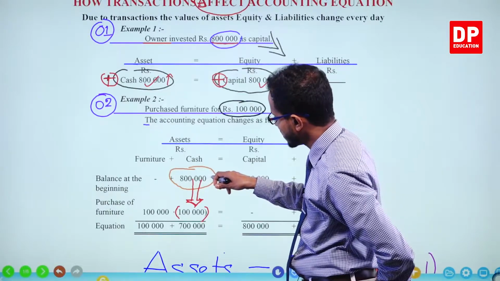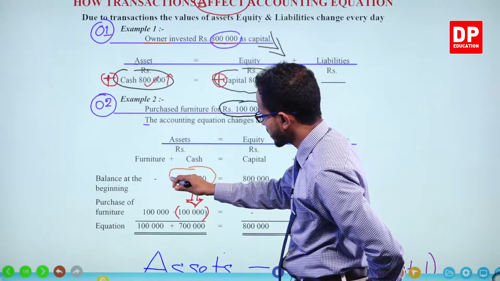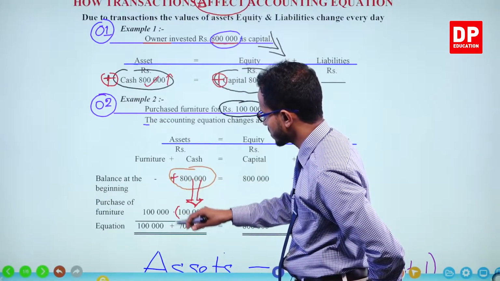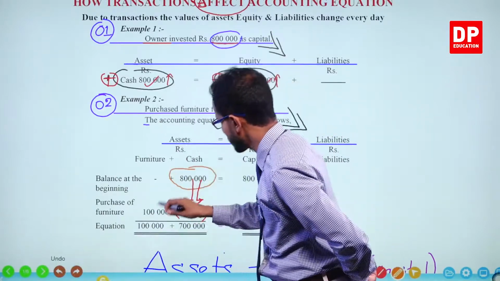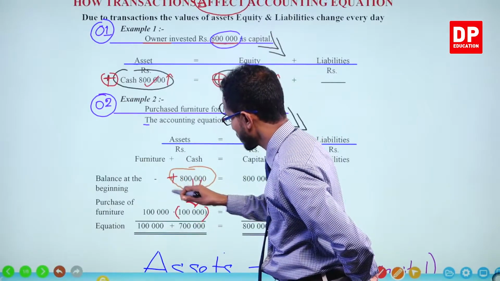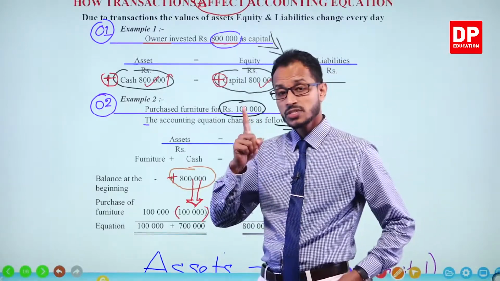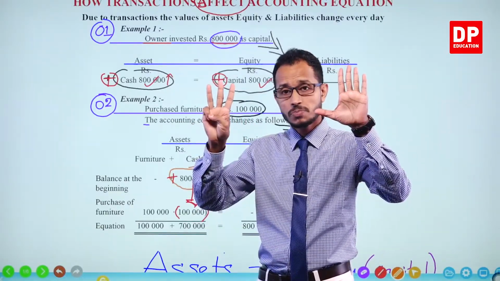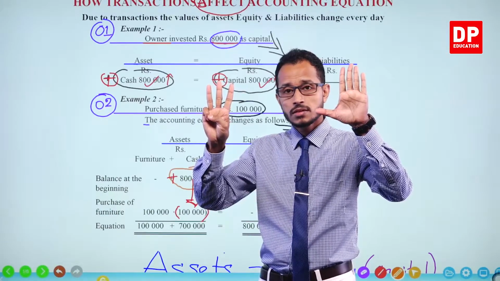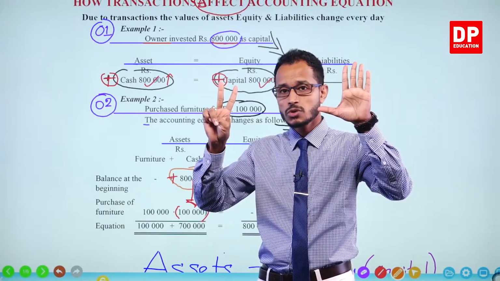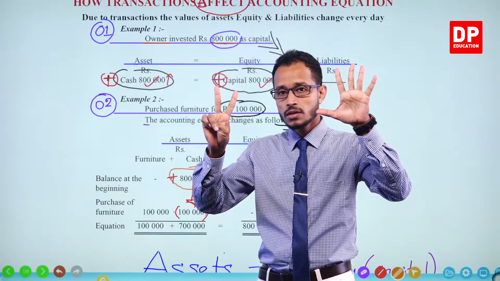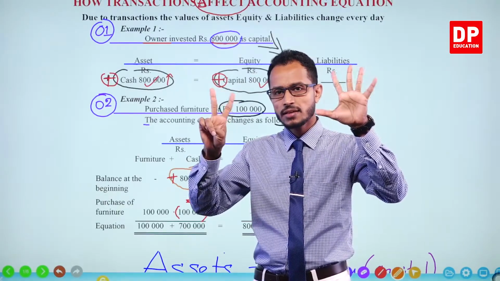Then you must understand here, 800,000 is already there in the business. And from this 800,000 only, 100,000 cash was spent. Due to that, 100,000 gone. Now only 700,000 remaining.